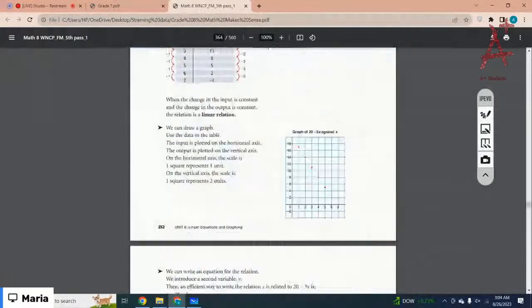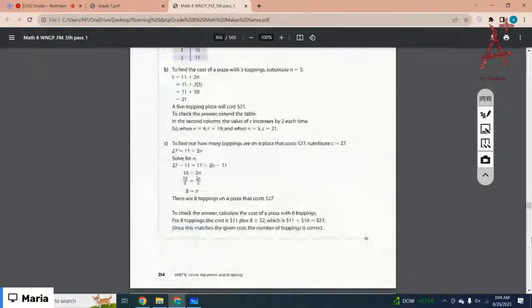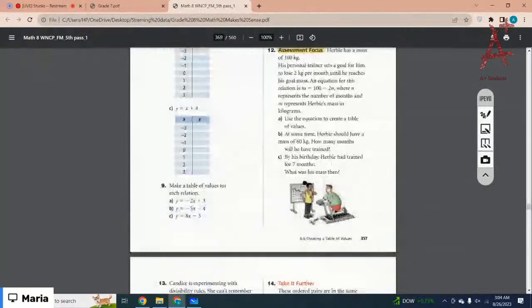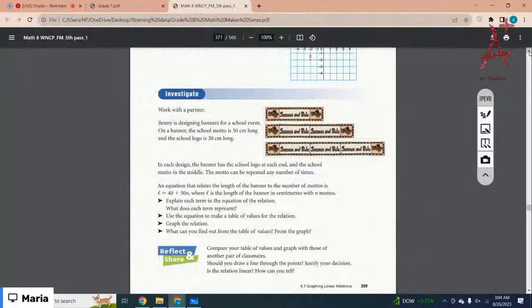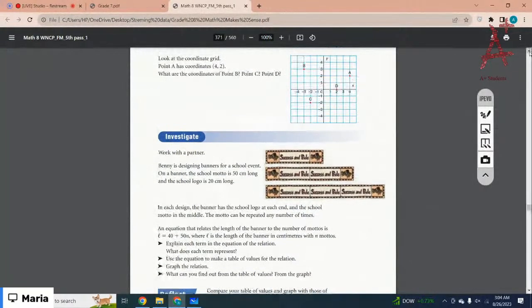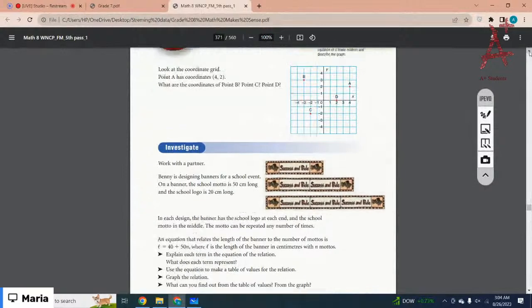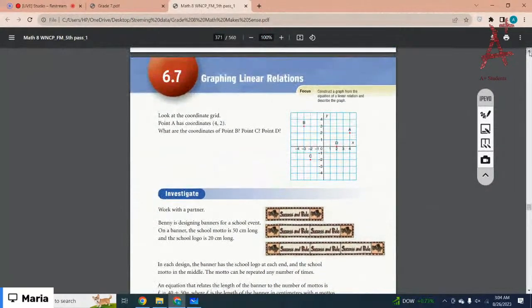Creating a table of values. We did this in the last session. Now we're going to start with 6.7, graphing linear relations, right? So let's just start with the lesson graphing linear relations. Okay.